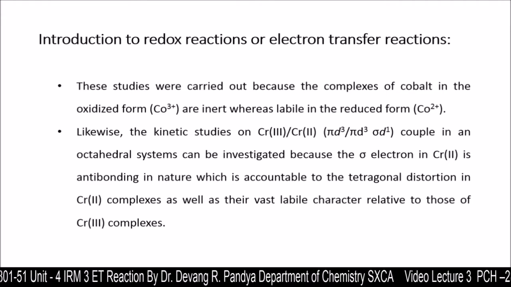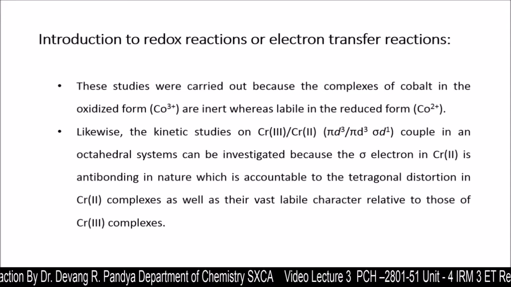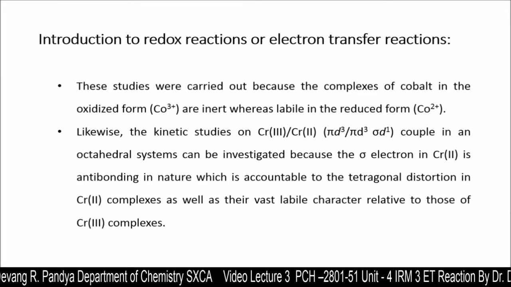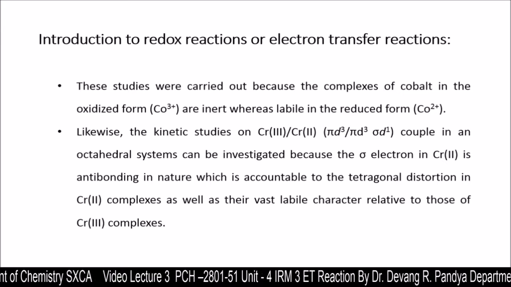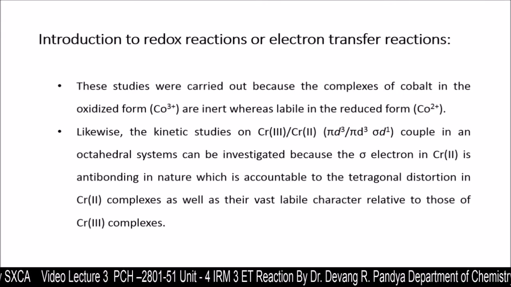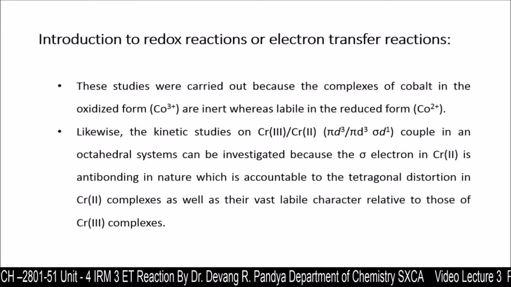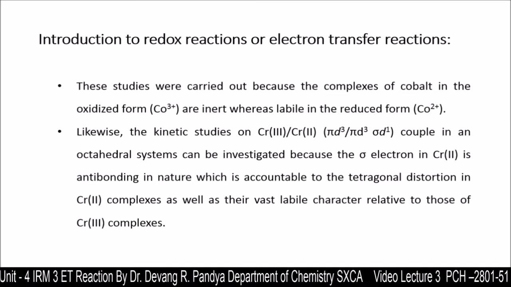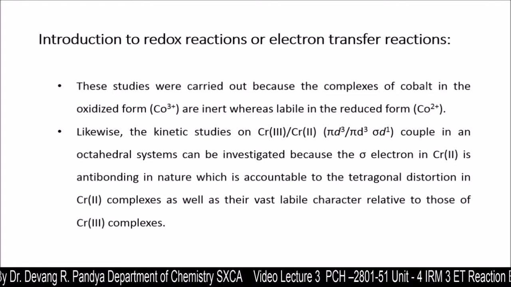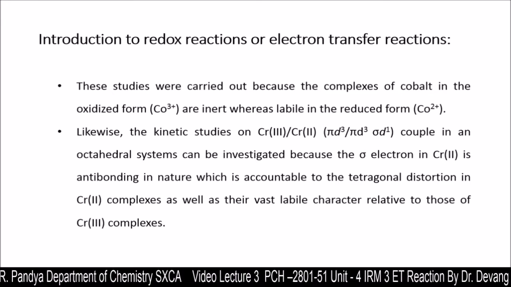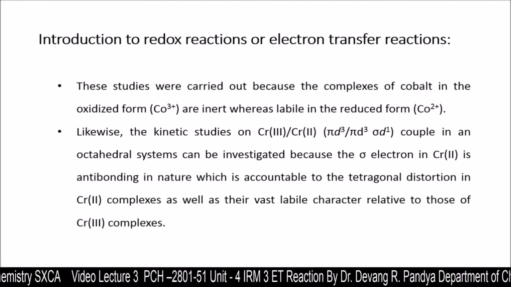Likewise, the kinetic study of the chromium +3 to chromium +2 couple, that is t2g3 to t2g3 eg1, in an octahedral system can be investigated because the eg electron in chromium 2 is antibonding in nature, which is accountable for the tetragonal distortion in chromium 2 complexes, and their vast labile character relative to those of chromium 3 complexes.